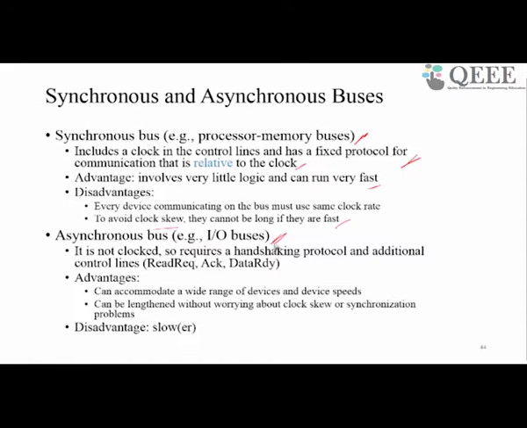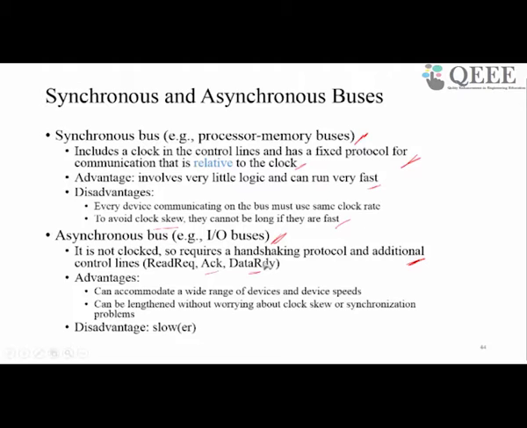Asynchronous buses are used mostly for I/O devices. They are not controlled by a common clock, so we need handshaking protocols. For example, one device may tell that it is ready to read, another device has to give an acknowledgement, then the data has to be put and it has to be marked by a data ready signal and so on.